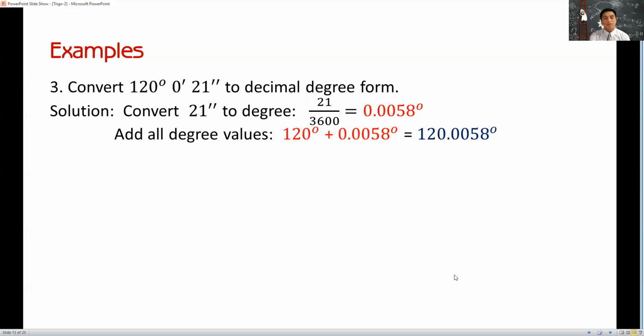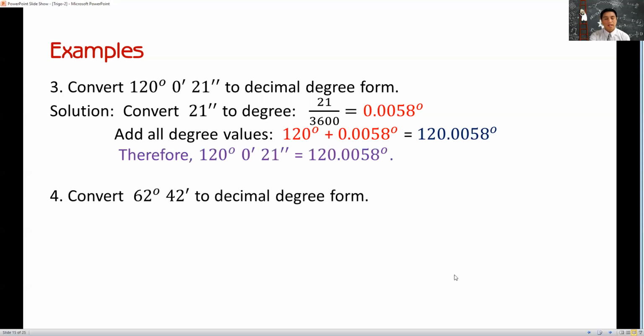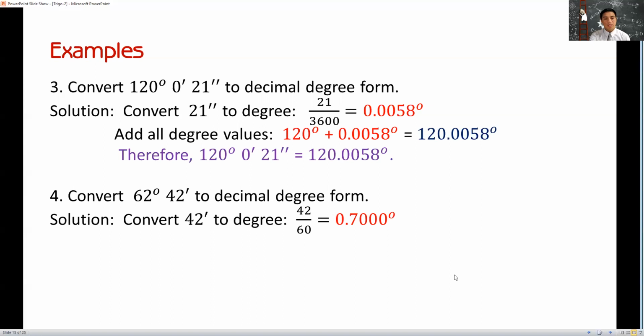You add it to 120 degrees, so the answer is 120.0058 degrees. Okay, last example, convert 62 degrees, 42 minutes. So convert 42 minutes to degrees by dividing by 60, and you will get 0.7000 degrees. So you add it to 62, so 62.7 degrees because there is no second value.